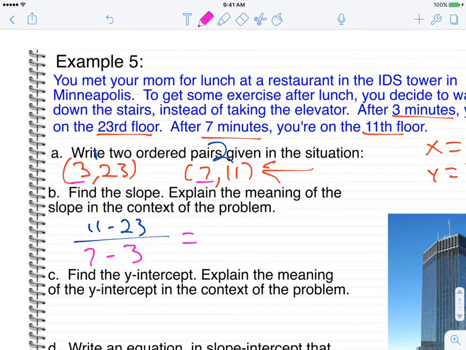So 11 minus 23, I should end up with negative 12. And then 7 minus 3, I should end up with a positive 4, which will simplify down to say that I'm going down 3 floors each minute.